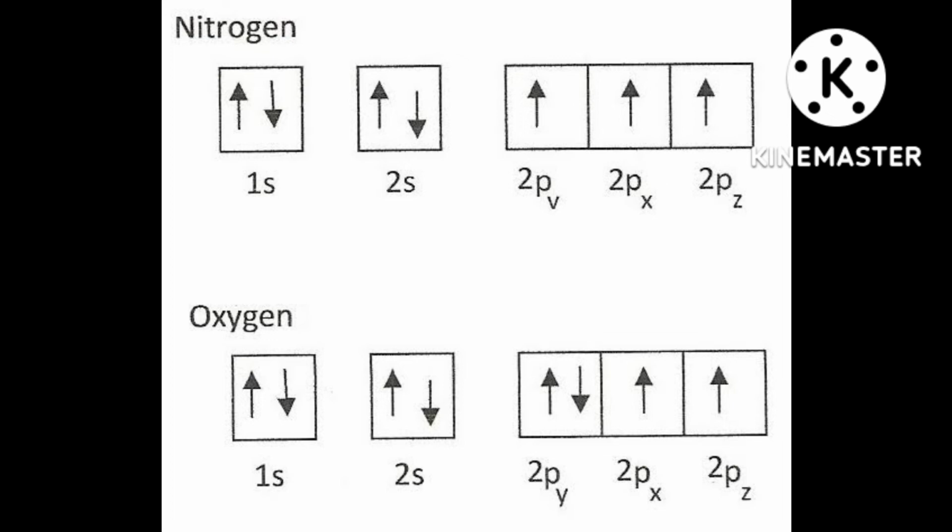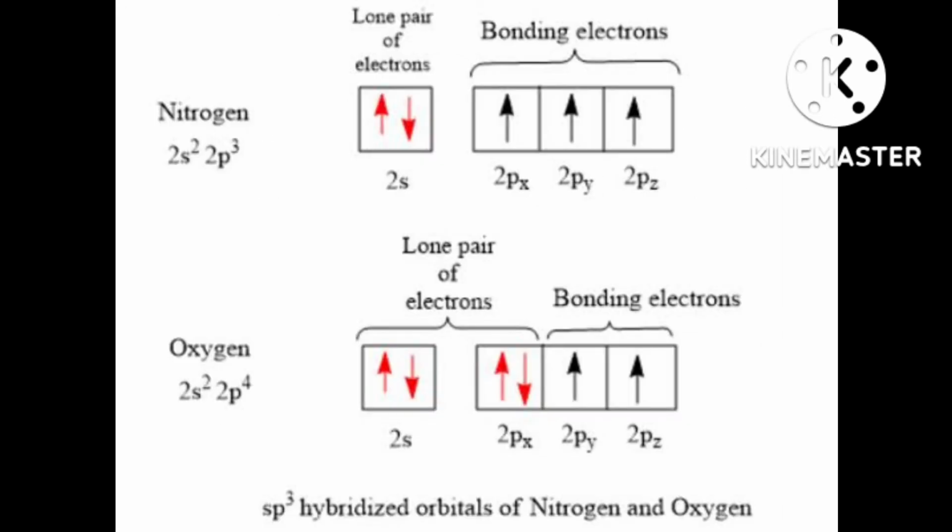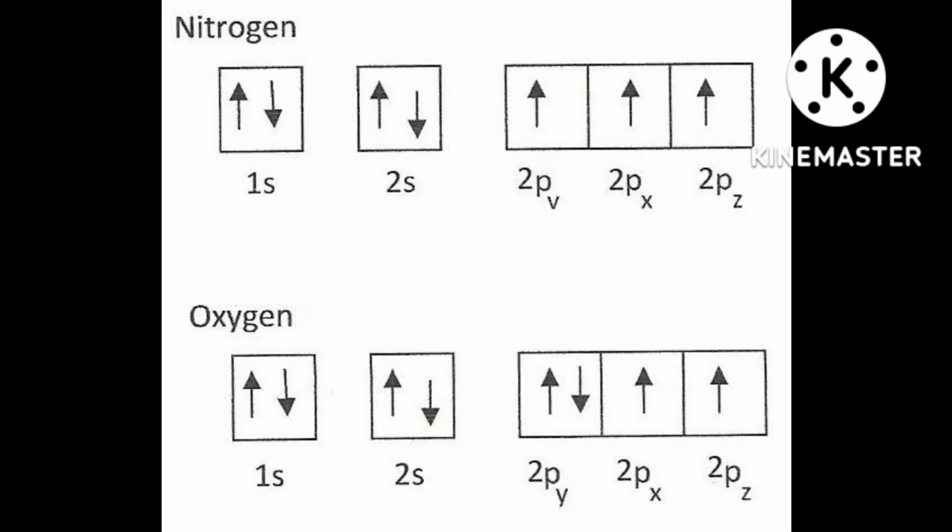Suppose s, px and py are taking part, then it is called sp2. The third one is not taking part; sometimes it may even have an electron, but it will not take part in hybridization.